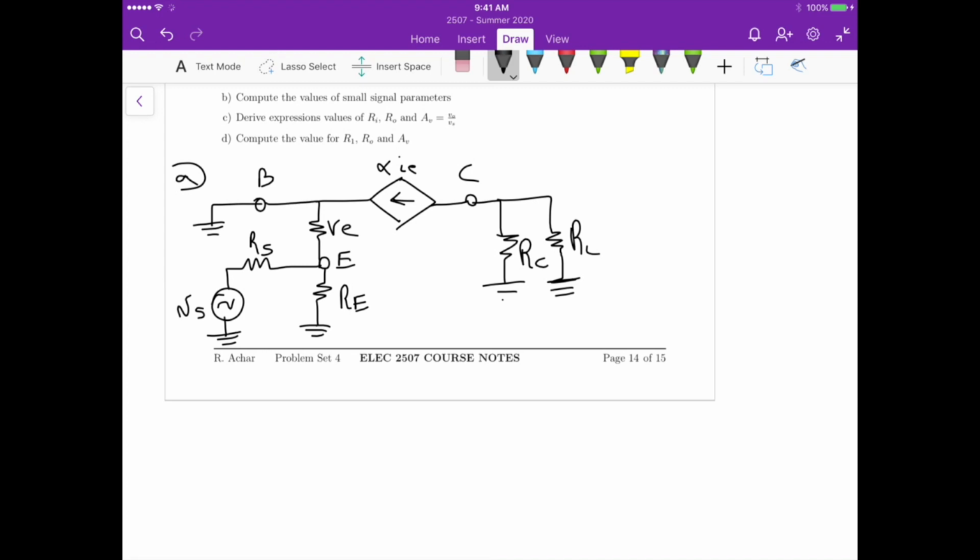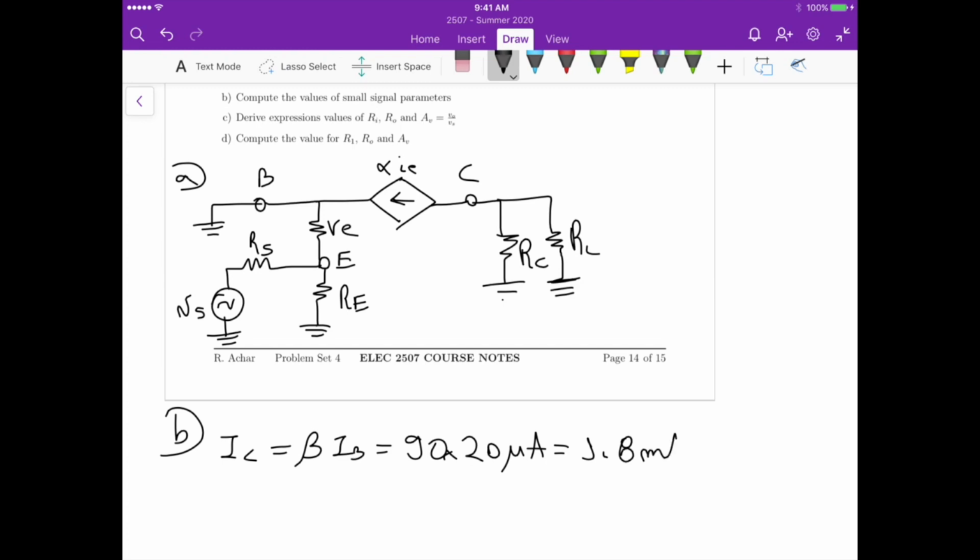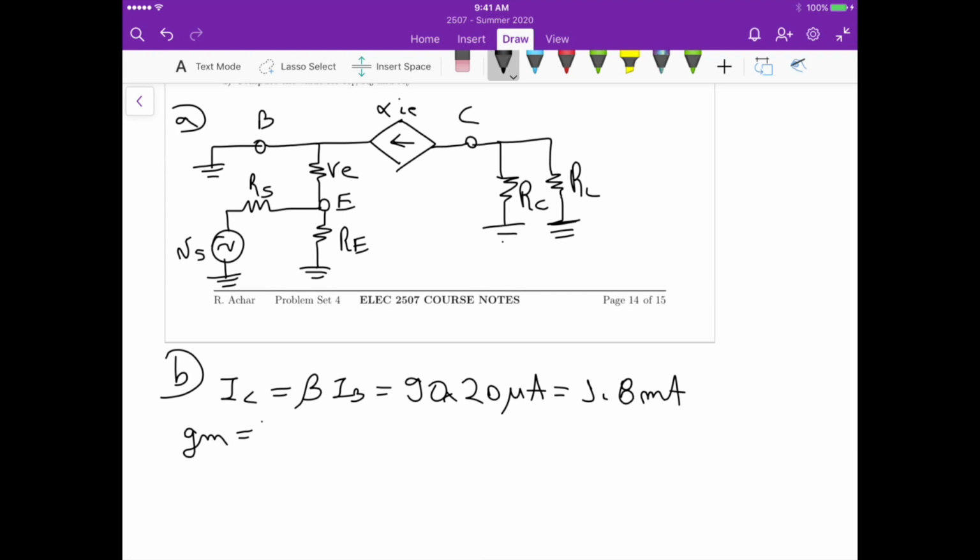Now for the small signal values, we have to calculate IC, right? So we know it's beta IB, which is 90 times 20 microamperes. That's 1.8 milliamperes. So we can calculate gm. That's IC over VT, which is 0.072 ampere per volt.